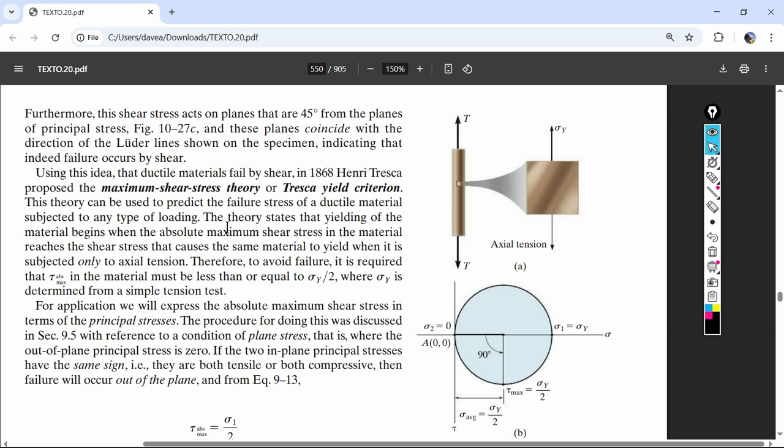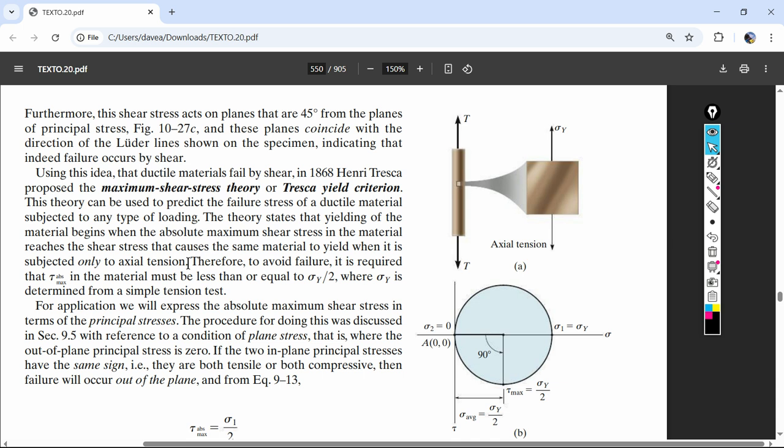All right, so there it is, and I need to read it again. That theory states that the material will yield when the absolute maximum shear stress in the material reaches the shear stress that causes the same material to yield when it is subject only to axial tension. Huh.